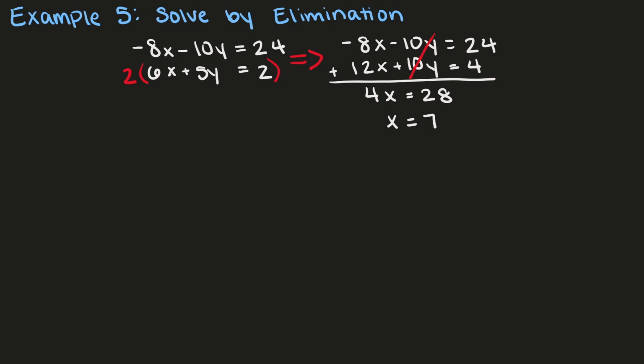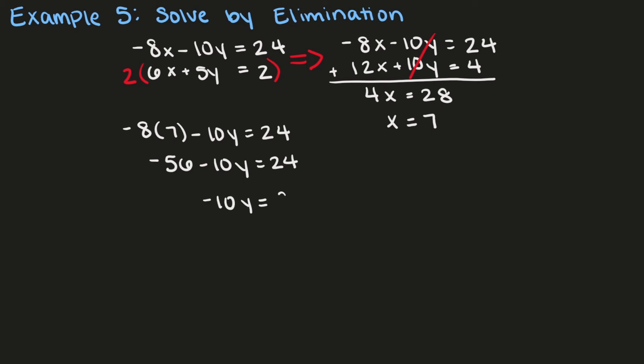Now, since we only have one variable, we're able to solve for that variable. Divide both sides by 4, and we get x equals 7. Plug that 7 back into one of our equations to find our y value. Let's plug it into the first equation. Plugging this in, we get -8 times 7 minus 10y equals 24. -56 minus 10y equals 24, -10y equals 80, and y equals -8.